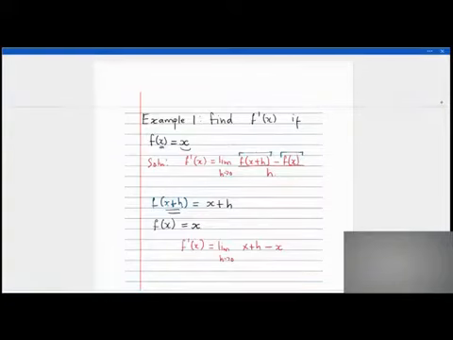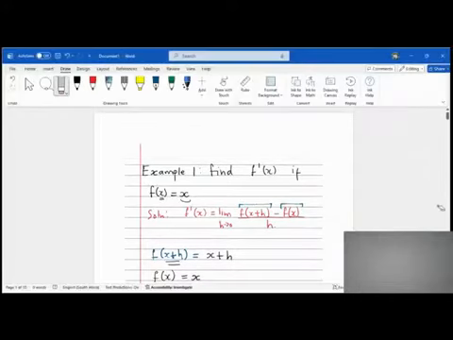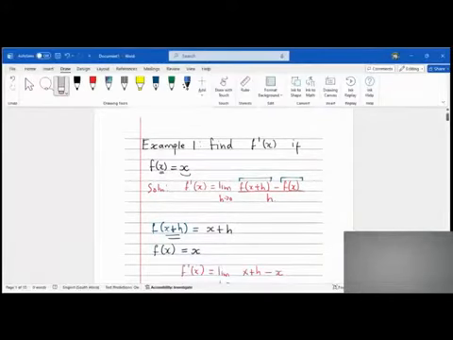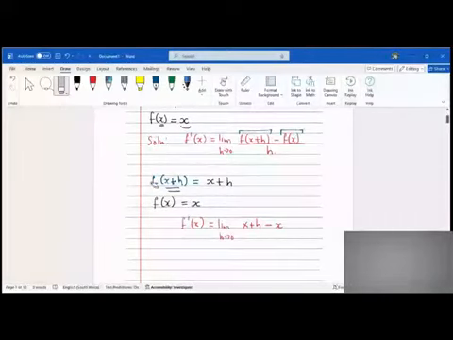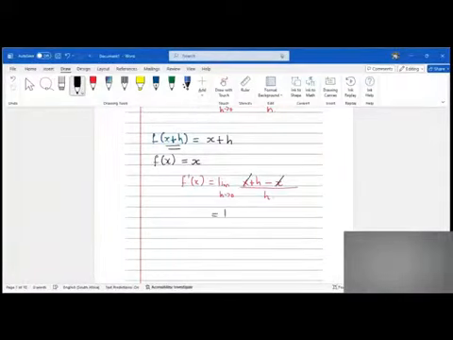I think I can just do this, so that I don't go back and forth to enable the pen there. So this whole thing is all over h. We can see that we're going to have cancellation, and that's the good and interesting part.